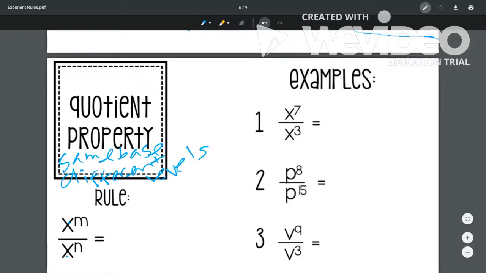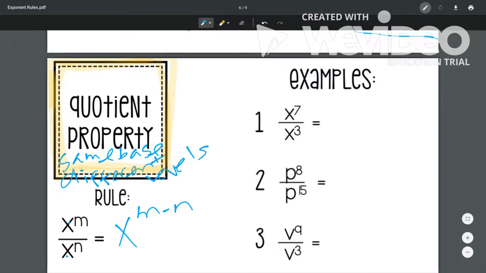And because they're on different levels, you're going to find the difference of those exponents, and you're going to subtract m minus n. Now, I am going to break the rule right here in this quotient property. I want you to think of tug of war, and I want you to let the highest and largest exponent win.